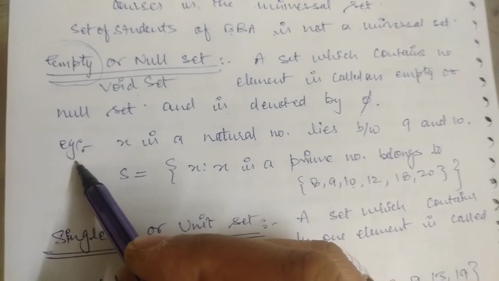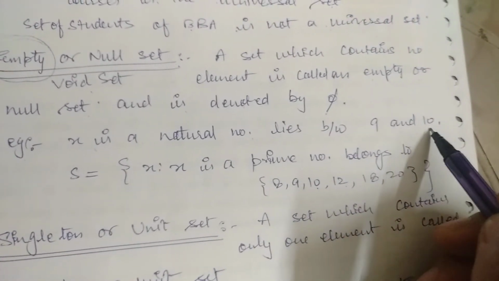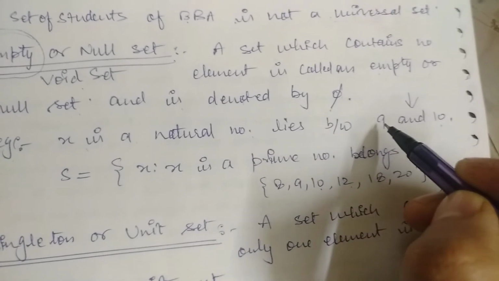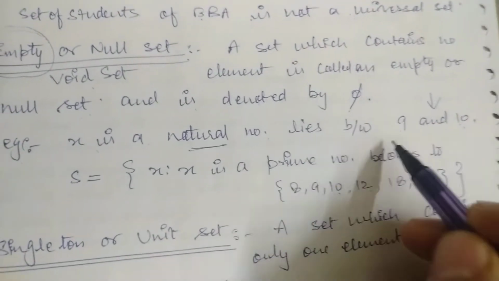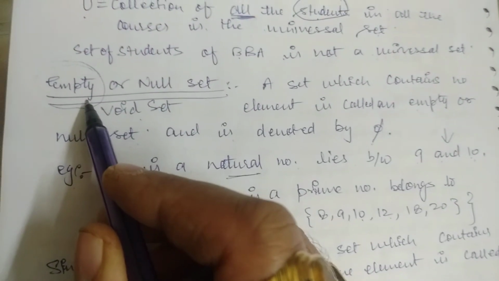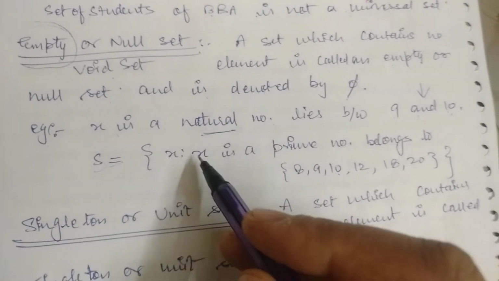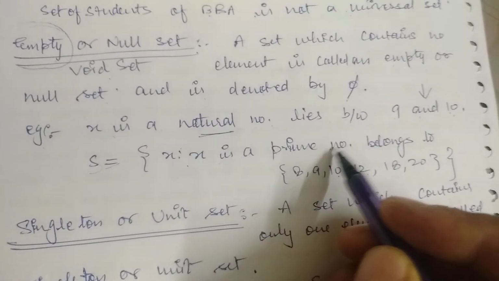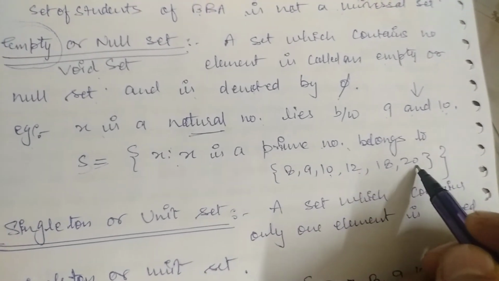For example, if we have x is a natural number that lies between 9 and 10. Is there any number between 9 and 10 which is a natural number? No. So this is a set which is empty. We have another set, capital S, such that x is a prime number belonging to the set 8, 9, 10, 12, 18, 20.